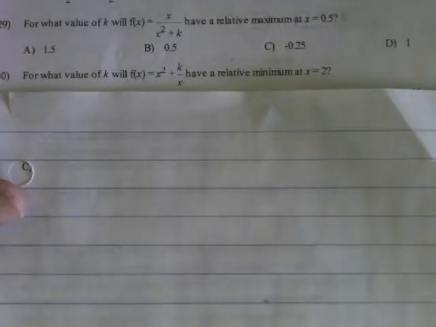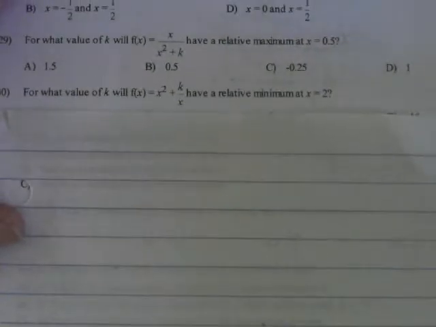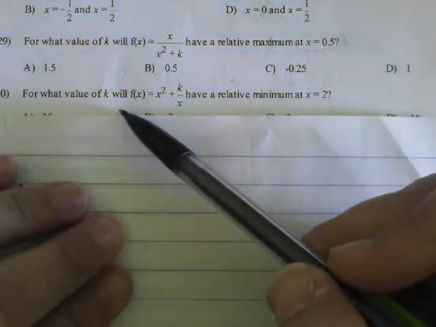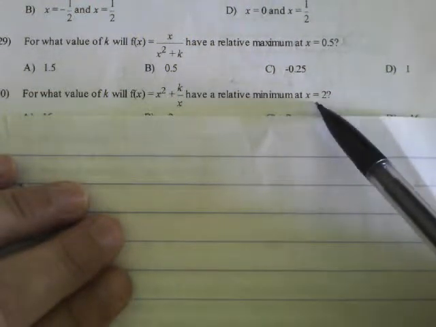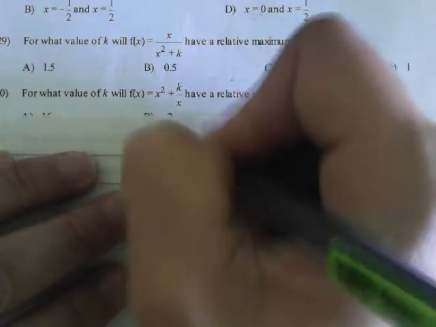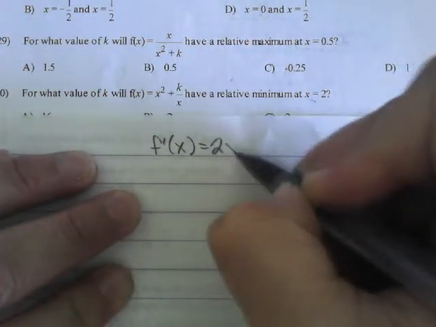So Colin, how do you find relative minimums? First derivative. And what is my first derivative in this case? 2x plus the quotient. Well, you don't have to. I'm going to rewrite my original like this. So 2x and then what? No, this is my original.